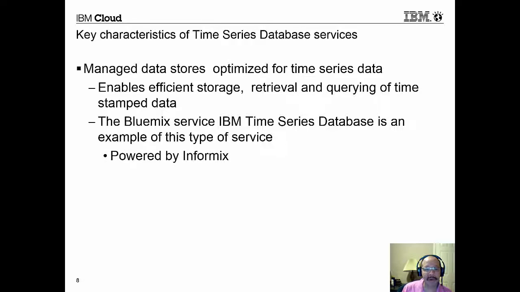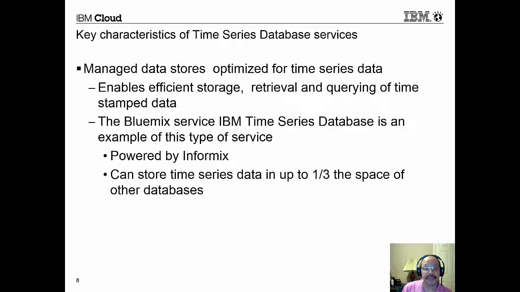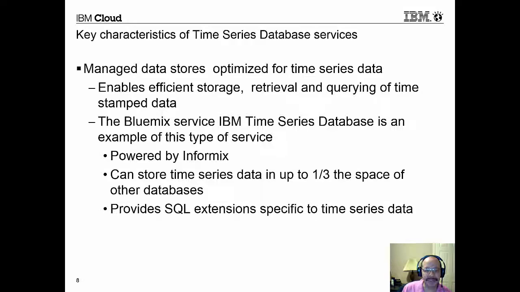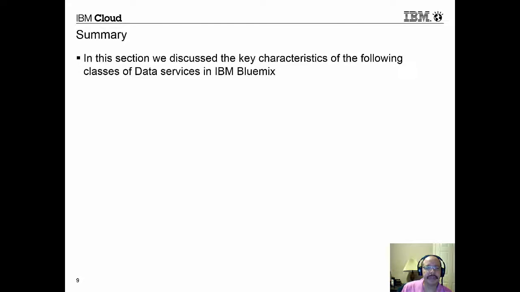This is powered by Informix under the covers. It can store time series data in up to one third the space of other databases. It also provides several SQL extensions specific to time series data, so you can make some sophisticated queries along the time dimension.